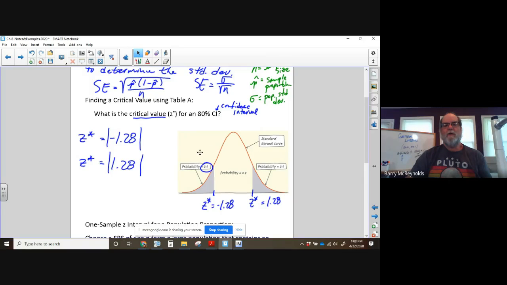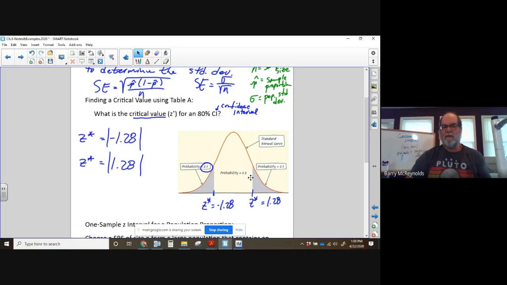If we go and look up a value of 0.1 in table A, we'll see that the Z value corresponding closest to 0.1 is 1.28. So if you just look at the left-hand tail, then Z would be a negative 1.28.